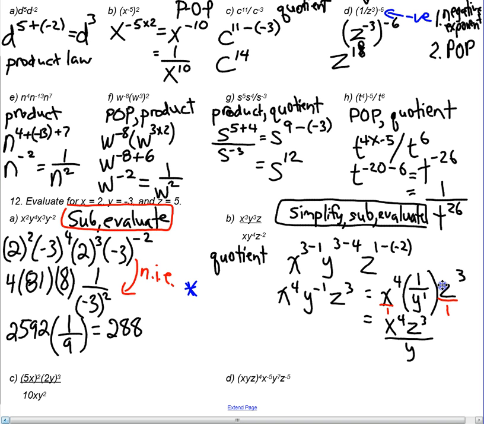Now when we substitute, our next step would be putting in 2 for x. Okay, so 2 for x goes in to the exponent 4, y is negative 3, and z is 5. So I'm going to put in negative 3, and I'm going to be just taking that value.